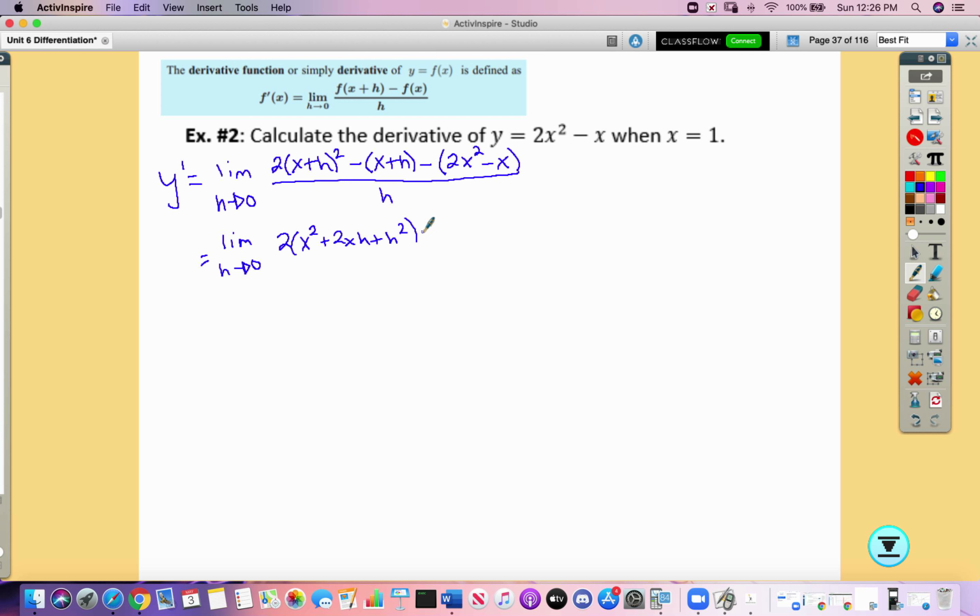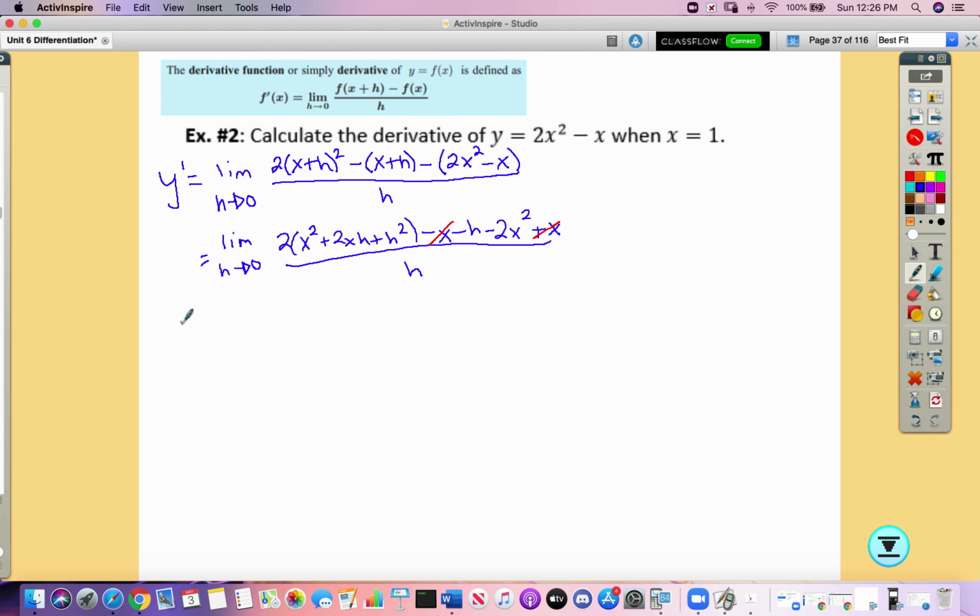And then we could say minus x minus h, I'm just distributing that negative, minus 2x squared, and a negative times a negative is a positive. Did you see? I've got a negative x and a positive x.